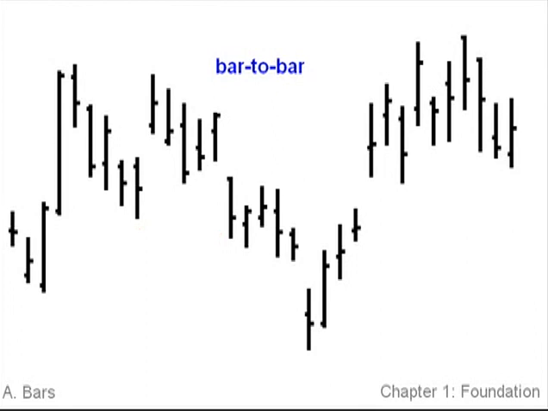We may also have what's known as an outside bar. This bar here, this last bar, is an outside bar. An outside bar, of course, has its range outside of the previous bar's range. It has a higher high and a lower low.